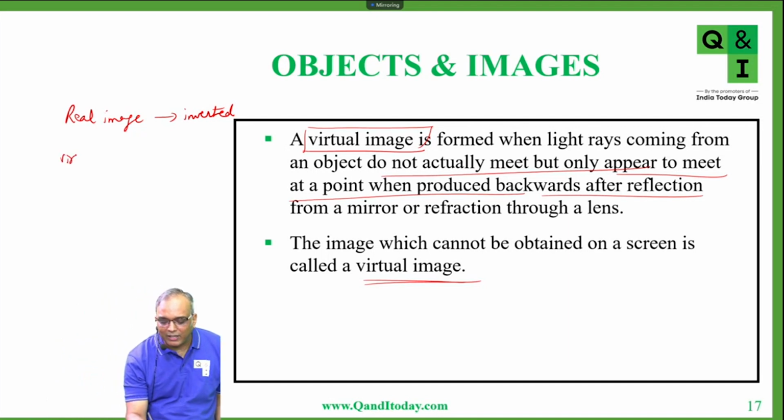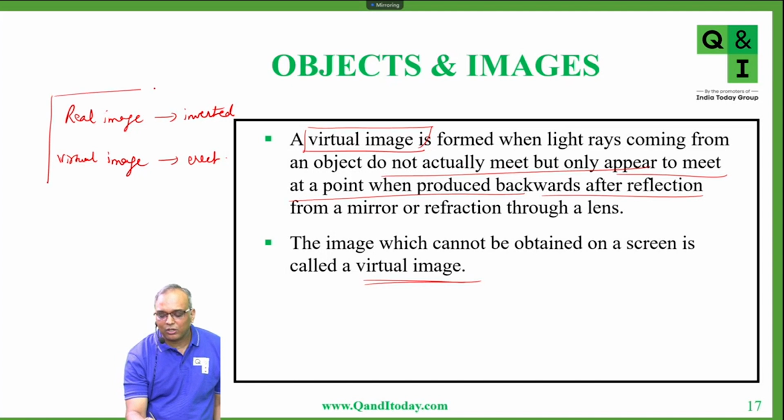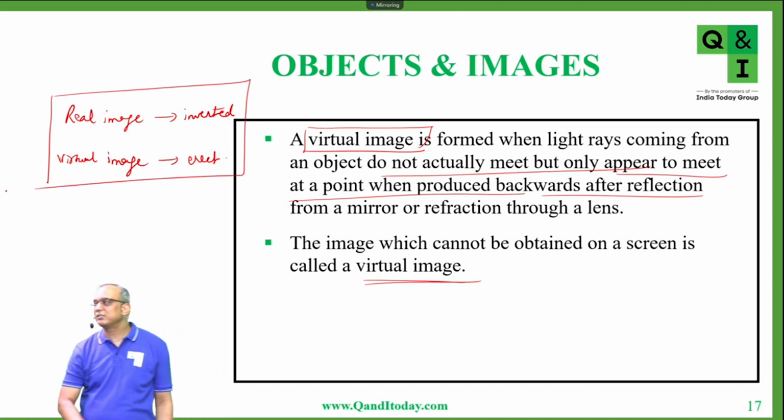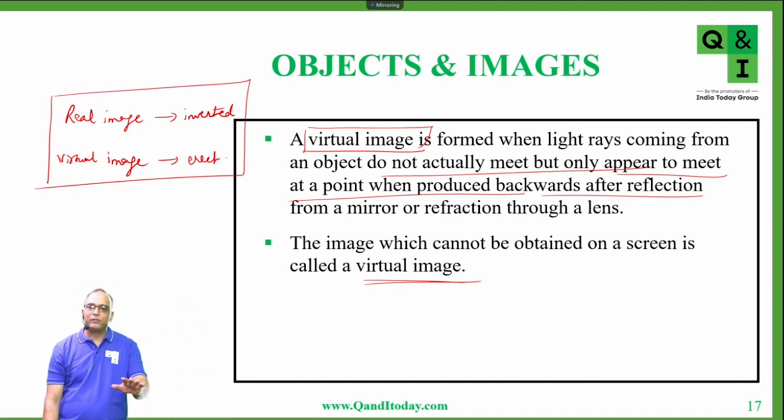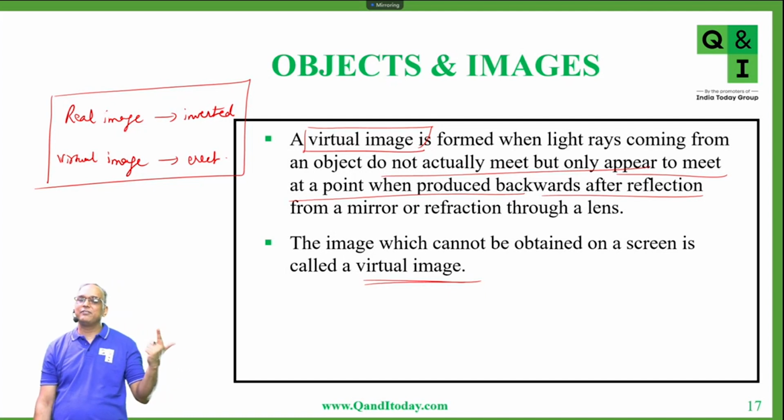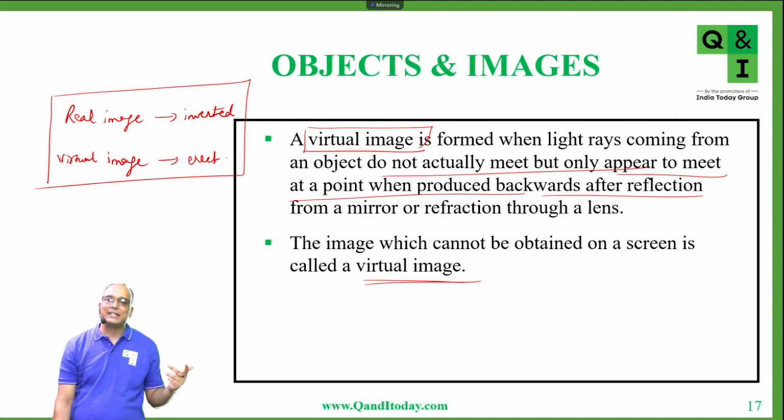And a virtual image is always erect. So real image is always inverted, virtual image is always erect. You have to always keep this in mind. Whether it is a plane mirror or a curved spherical mirror, this is always true: real is always inverted, virtual is always erect. Is it clear, students?